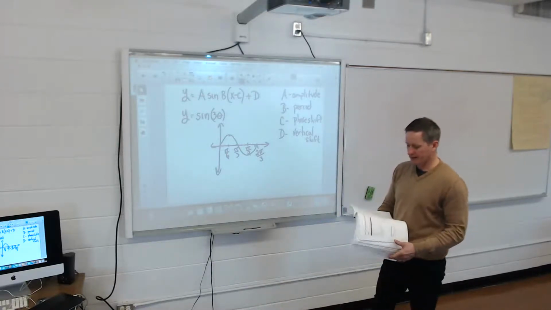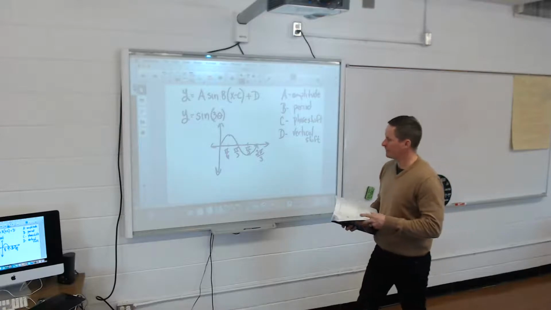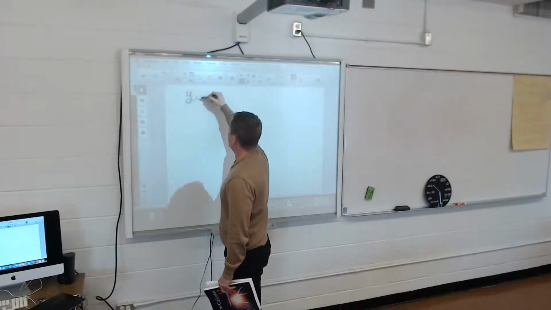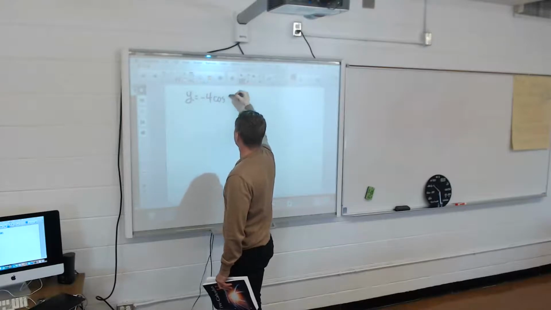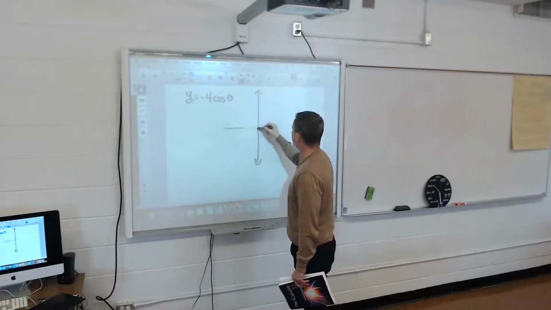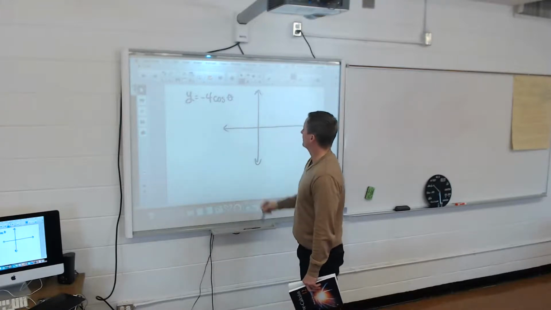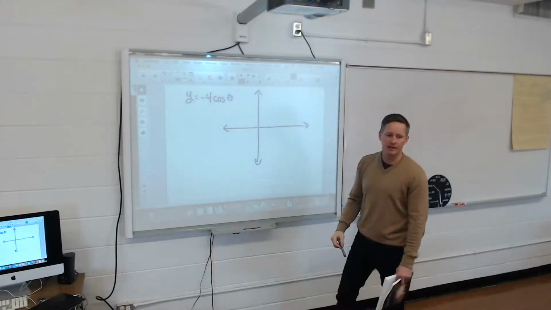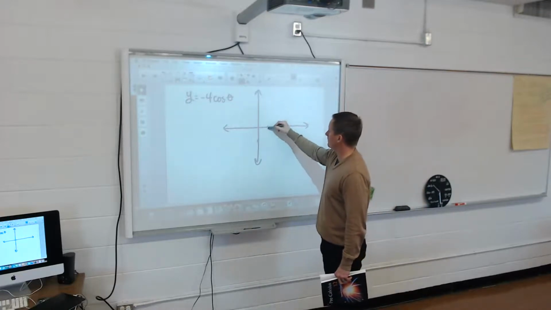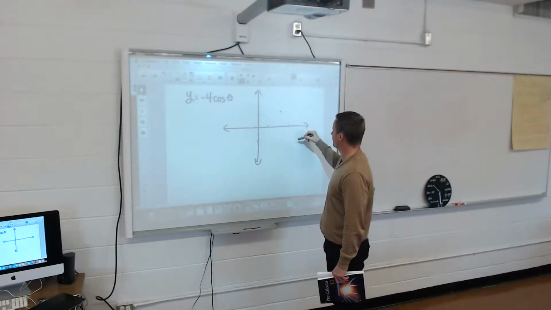And if I look at the next example, they give you y equals -4 cos theta. So there's two transformations here. The first transformation is the negative value. So that means it starts down here now and works its way up.